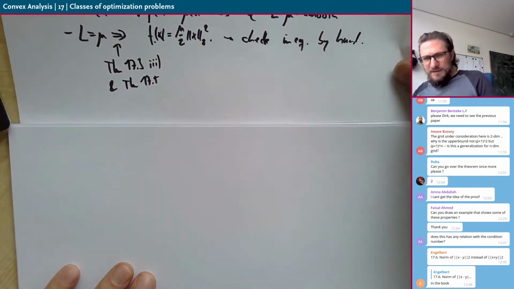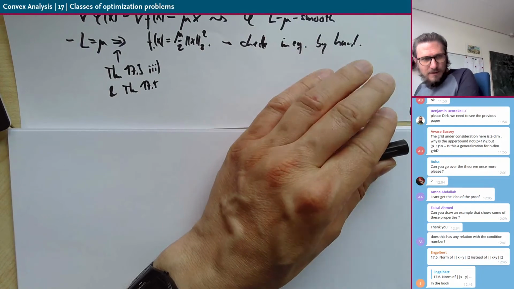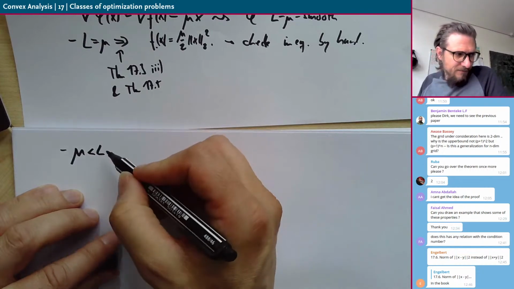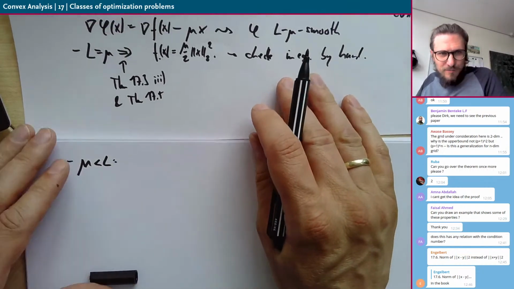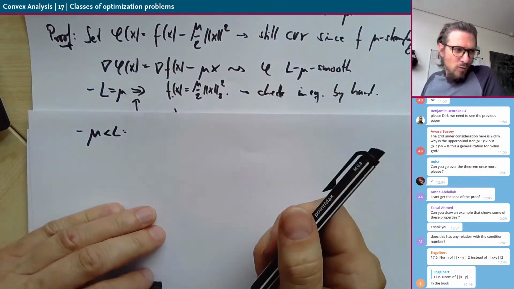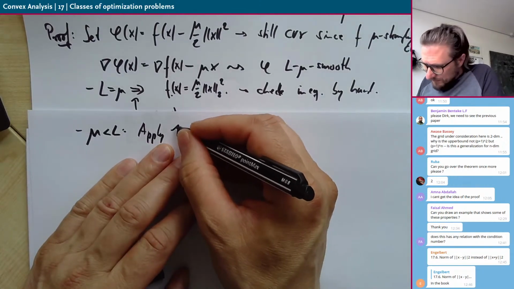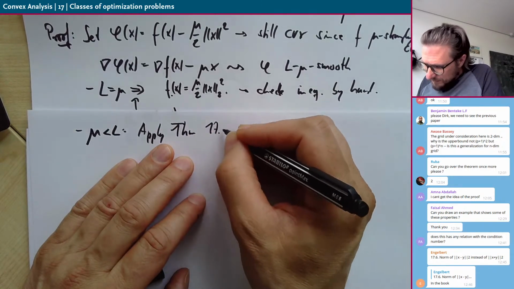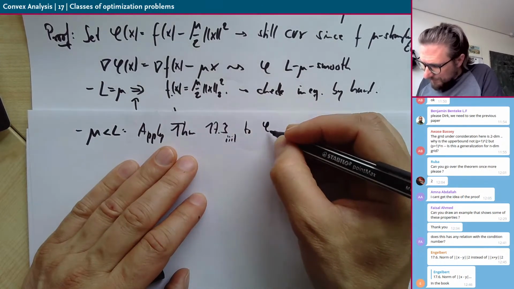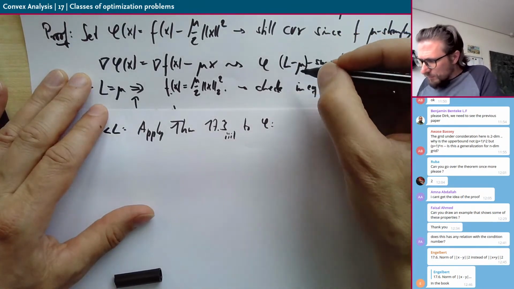And the more interesting case is the case mu is actually smaller than L. Then, let's probably still keep the function phi in here. We apply theorem 17.3, the third point, to phi, because we know that phi is L minus mu smooth, so probably I should put parentheses here, L minus mu smooth.